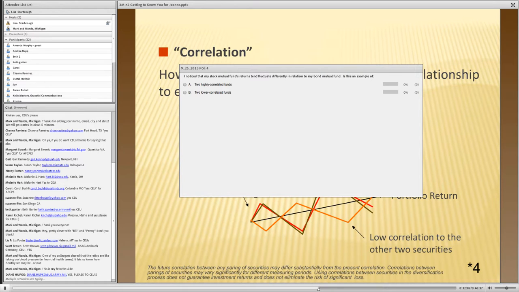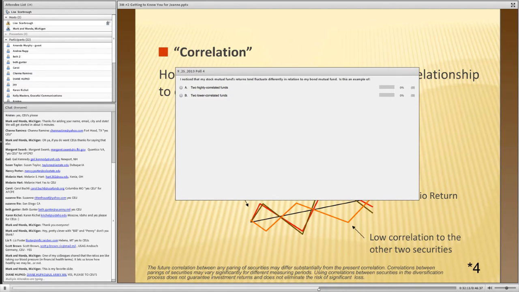All right, poll question. I've noticed that my stock mutual fund's returns tend to fluctuate differently in relationship to my bond mutual fund. Is this an example of two highly correlated or two lower correlated funds?